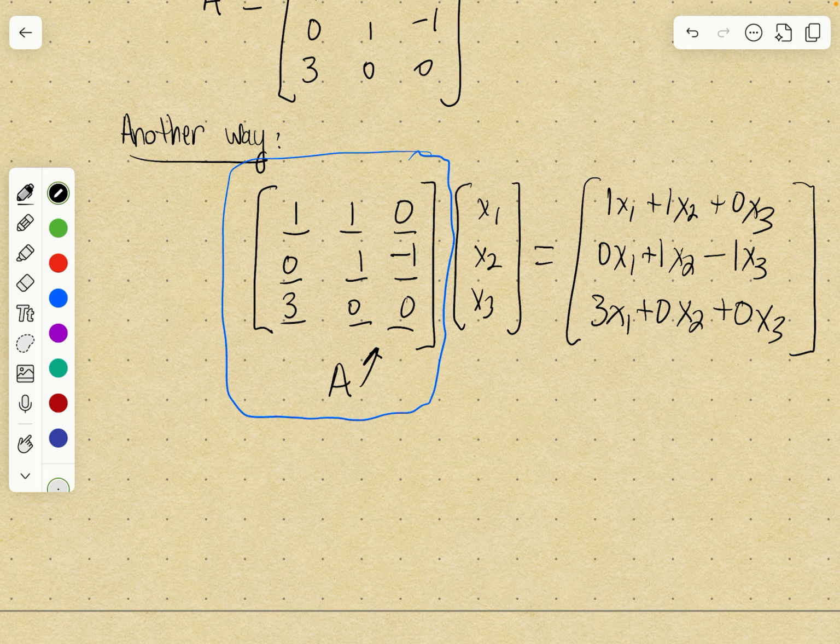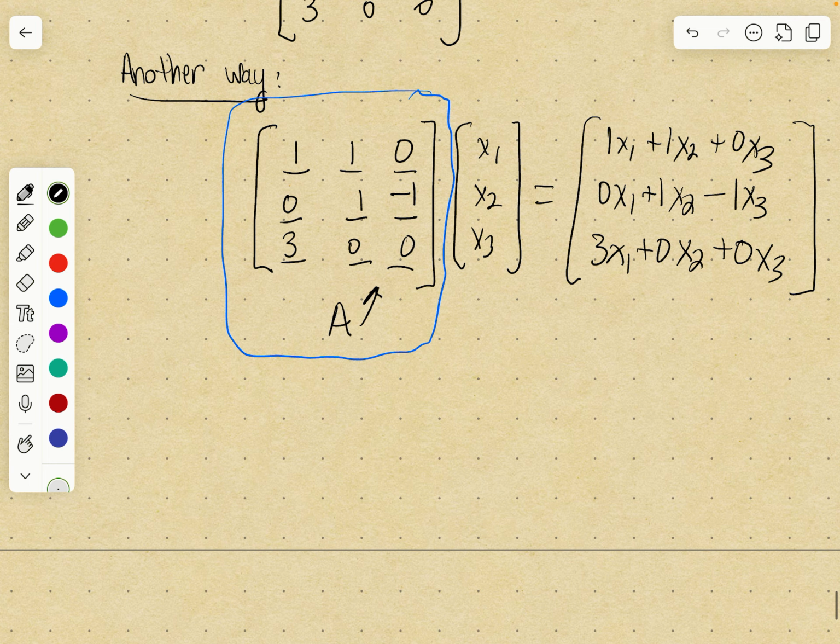Okay, let's look at one consequence of this theorem. Before, we've looked at examples of linear transformations and an example where it's not a linear transformation.